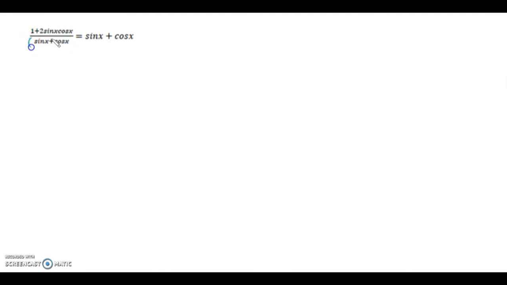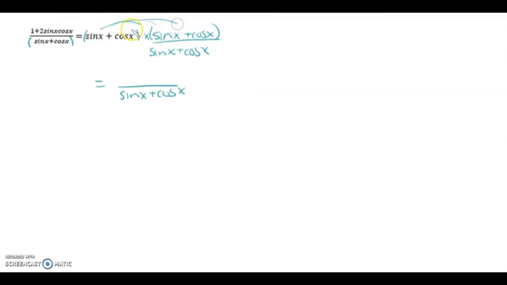So why don't we choose sine plus cos as our denominator, and we're going to go ahead and multiply the right-hand side by sine x plus cos x over sine x plus cos x, and see what happens. So we're going to have sine x plus cos x in the denominator. This is our numerator. So our numerator doesn't look like the left-hand side, so why don't we try to expand it, see what we get.